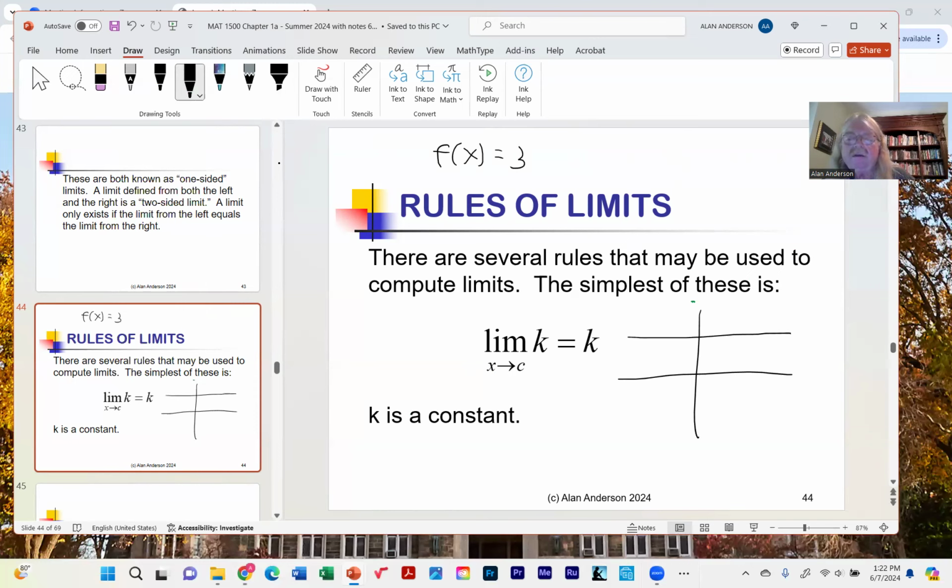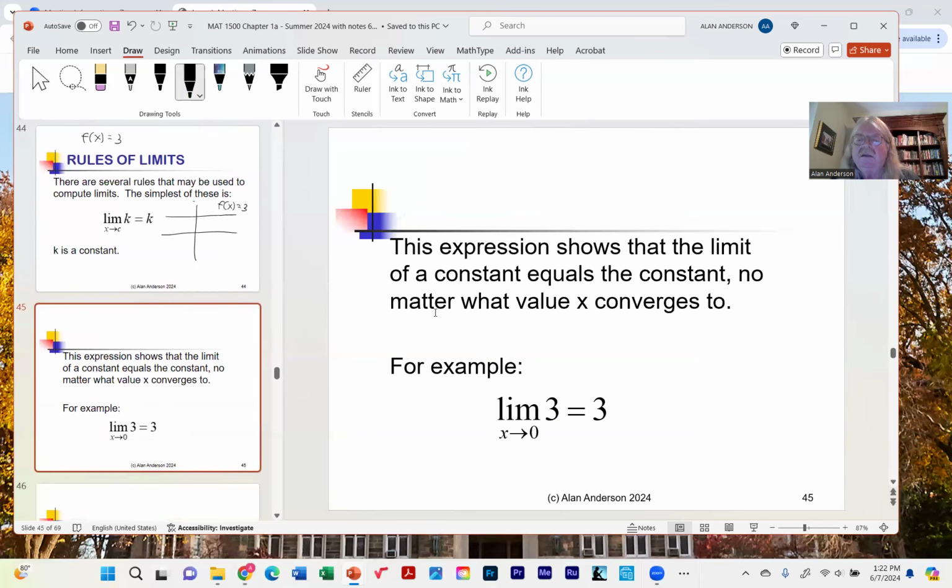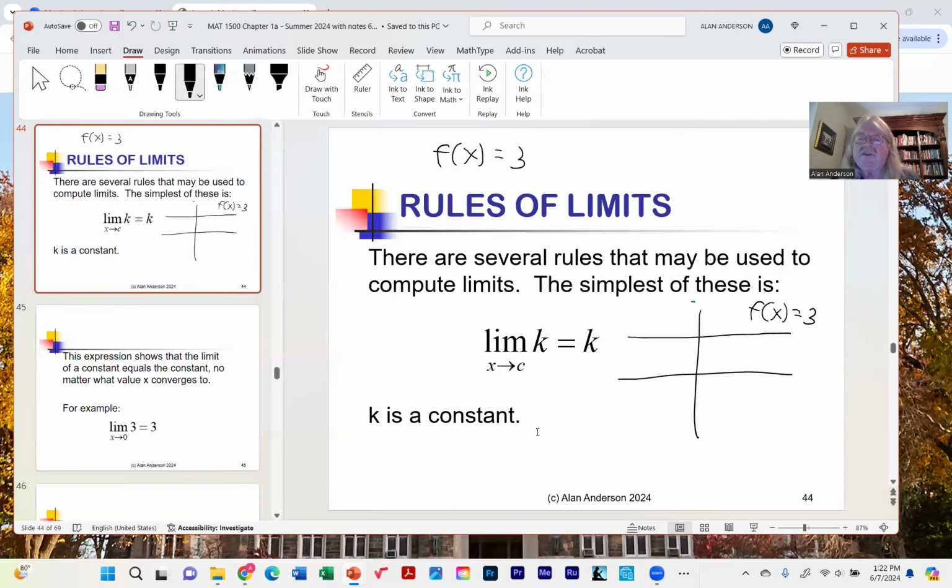And you can see, what could the limit be other than 3? So if the function is always equal to 3, then the limit is equal to 3. That's what this is telling us. And we could choose any point we want. x approaches 0, for example.